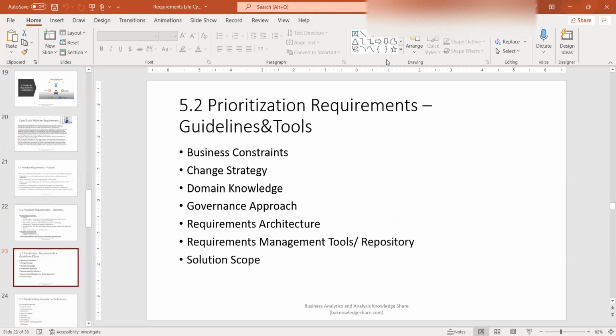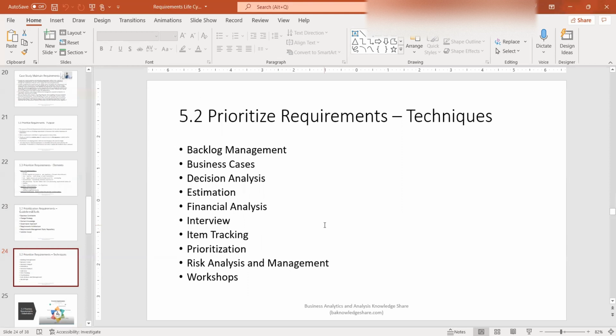Requirements management tools and repositories such as Confluence and other tools that are being used, and where to maintain those requirements. And solution scope. So you're constantly looking at the solution scope that has been laid out initially to understand how the change that's coming through maps back to the scope that was originally carved.